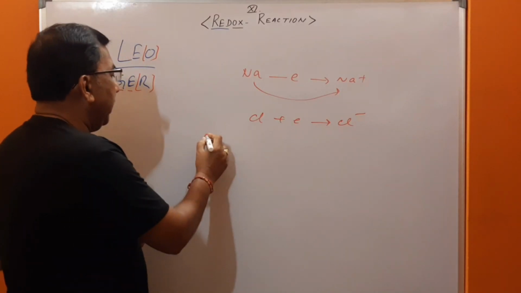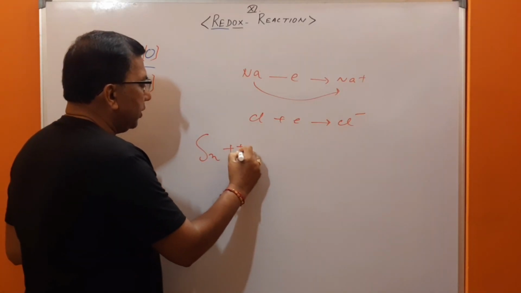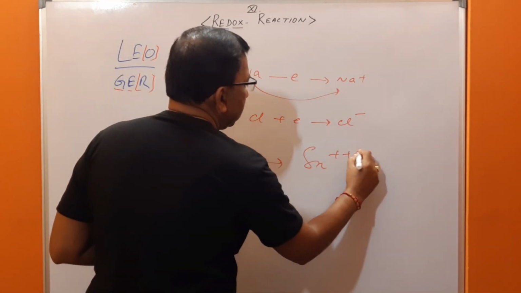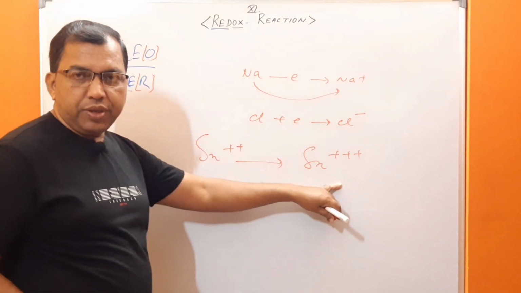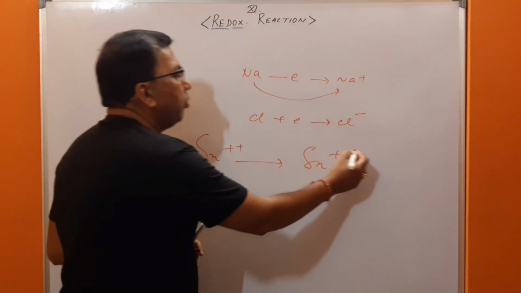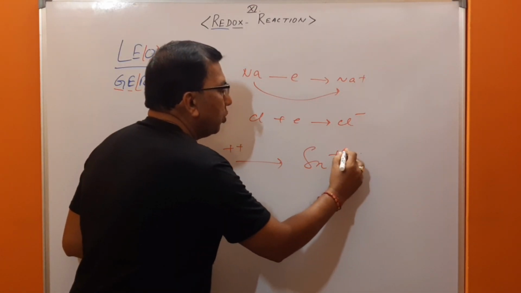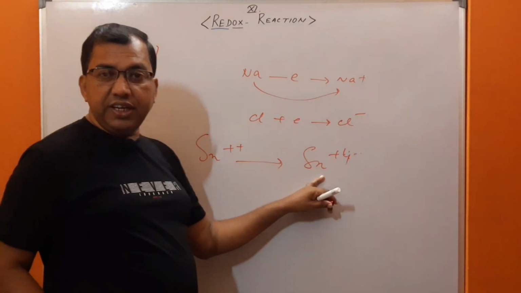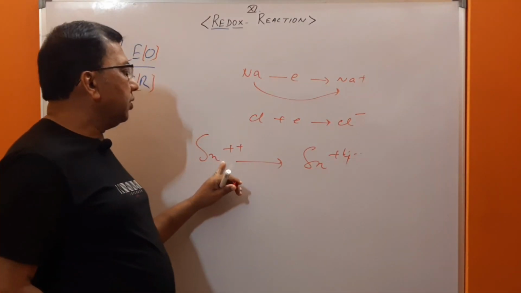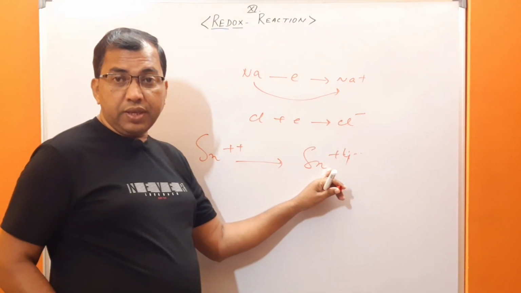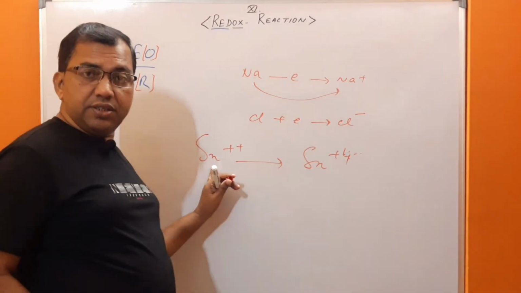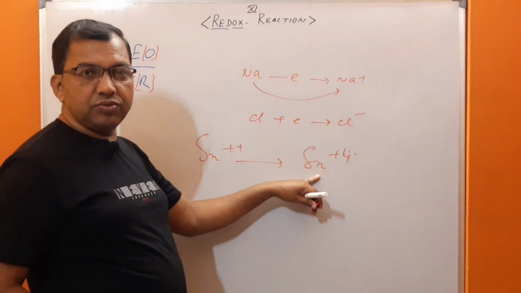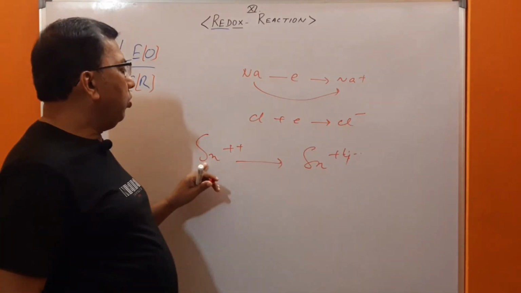Clear? Suppose Sn2 plus goes to Sn4 plus. Is it oxidation or reduction? It loses electrons again, Sn2 to Sn4.